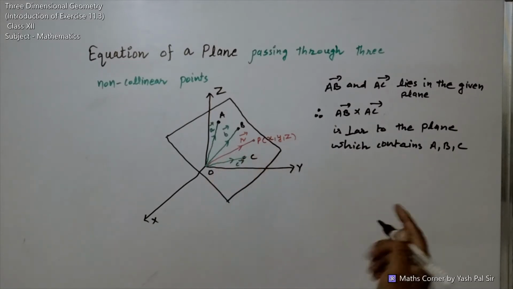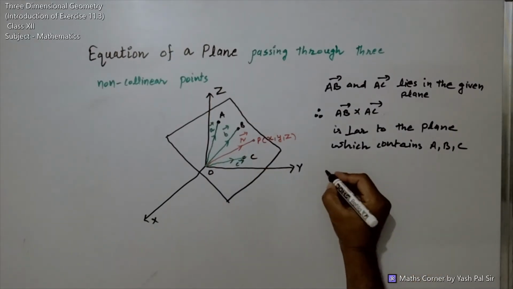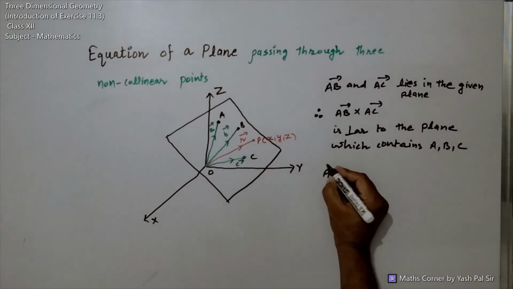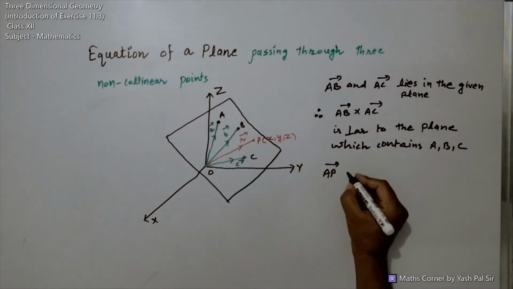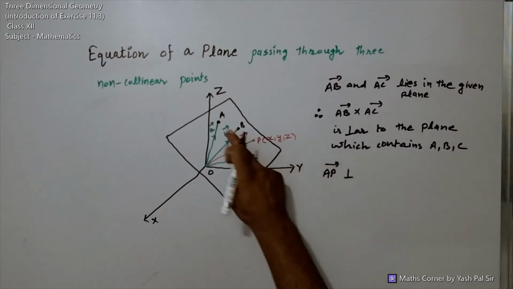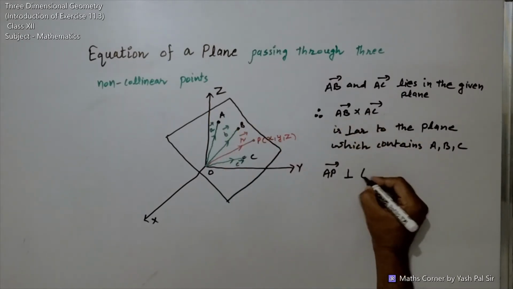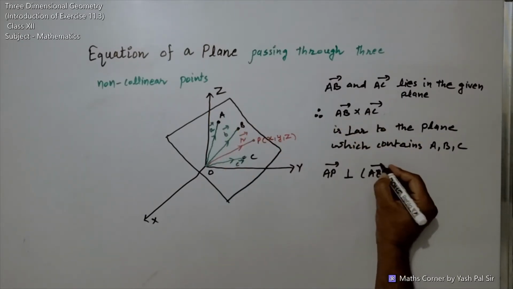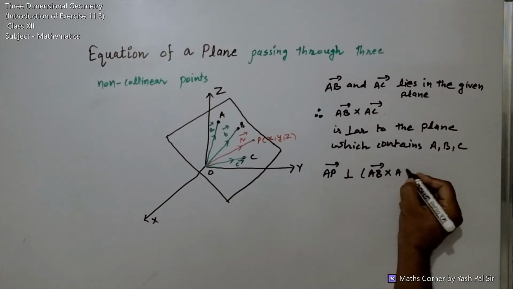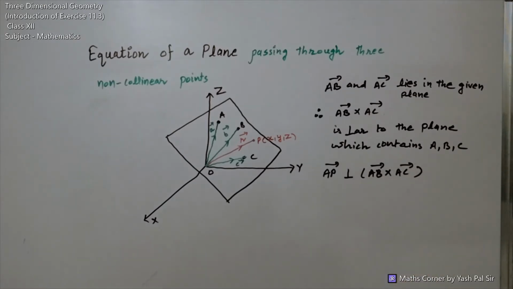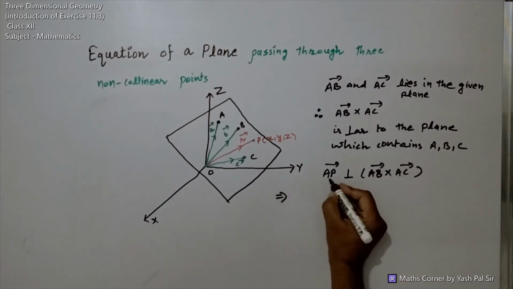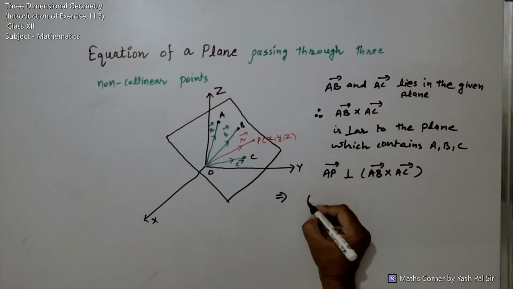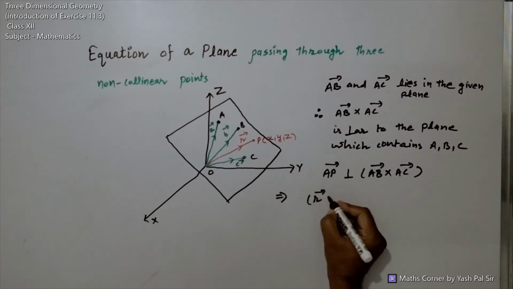So here we have considered that P is any point on the plane. So we can write here AP is perpendicular to this vector, AB vector cross AC vector. So this means we write this as, what is AP?